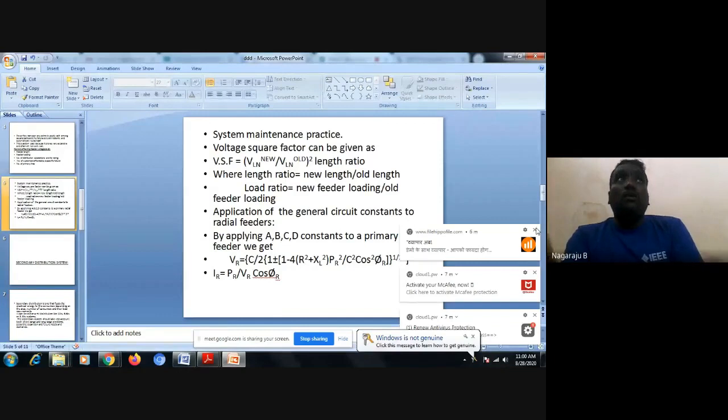So before giving the power supply, you want to decide how much level you need to go for the feeder. Depending on future load growth also, you need to see the feeder load.